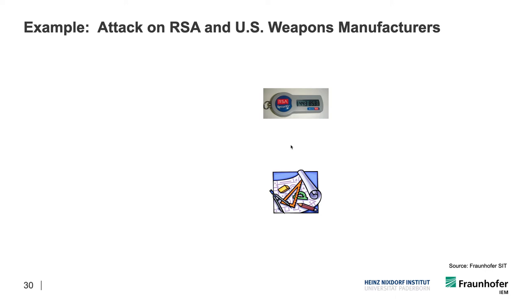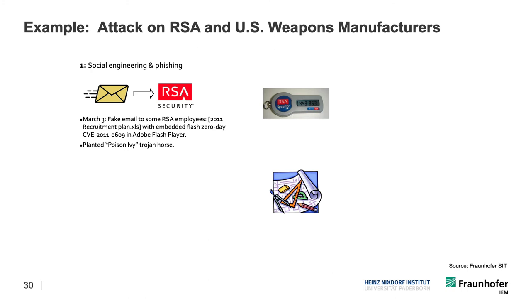What the attackers did now was send a phishing mail first to this company RSA, which produces these tokens. They exploited the fact that there was a zero-day vulnerability in Adobe Flash Player. Back then, it was still possible, and maybe it still is even, I don't know, to have Flash objects embedded in Excel spreadsheets.